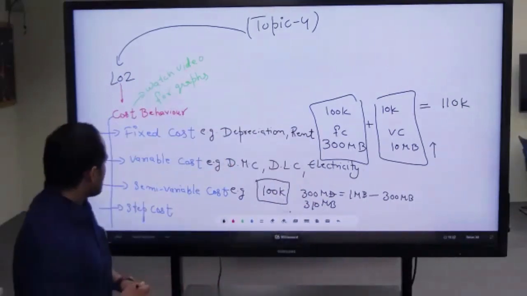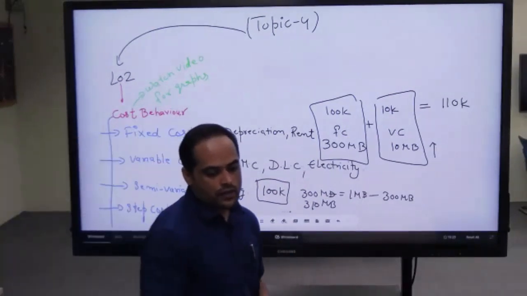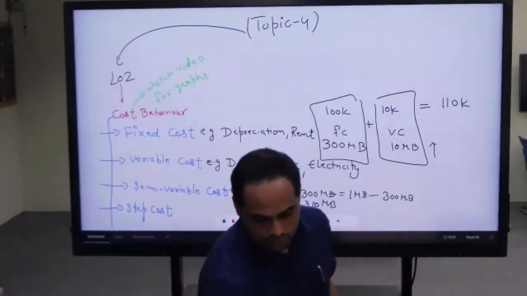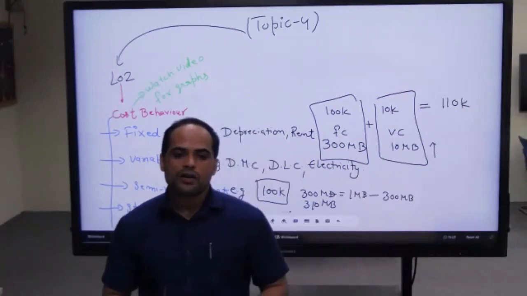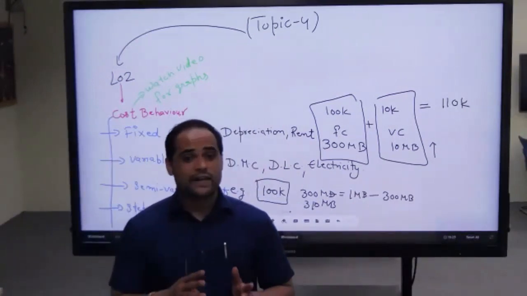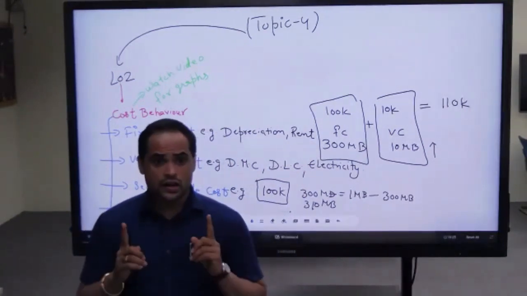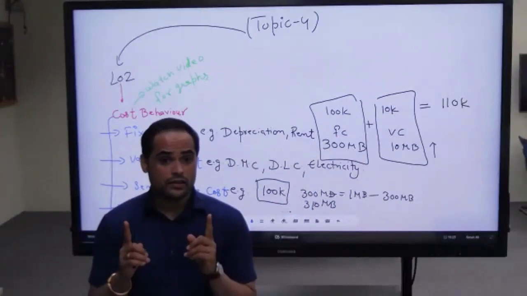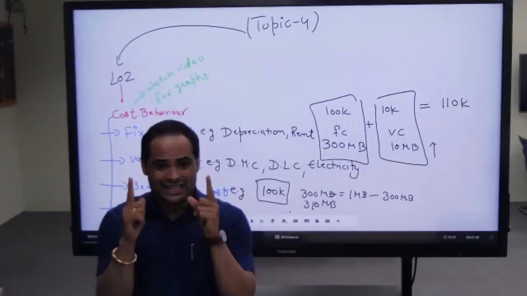Okay, now move on to the next cost, which is your step cost. So what is step cost? Step cost is a cost which is also a combination of fixed and variable cost, but this fixed and variable cost occur simultaneously, which means these two types of cost occur at the same time.